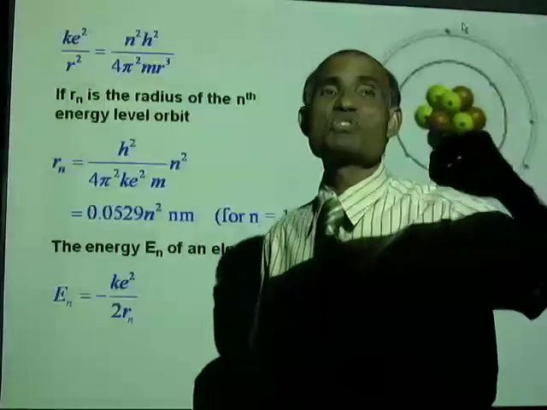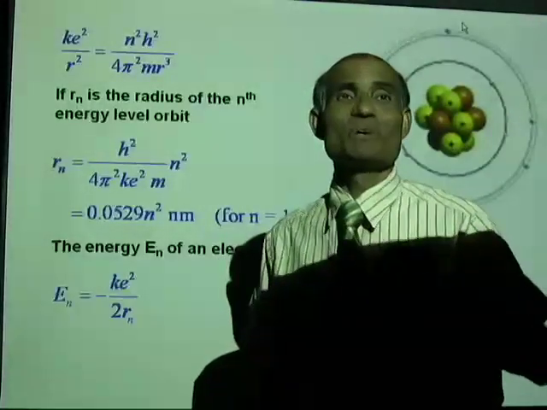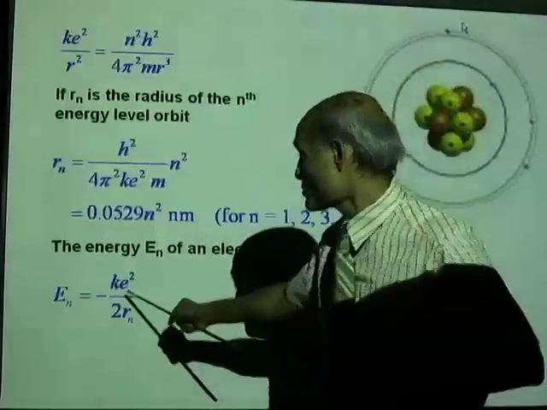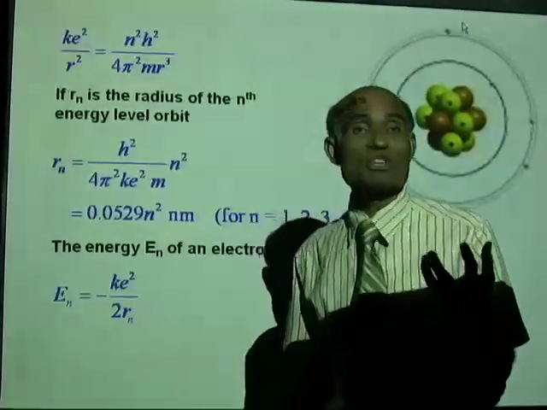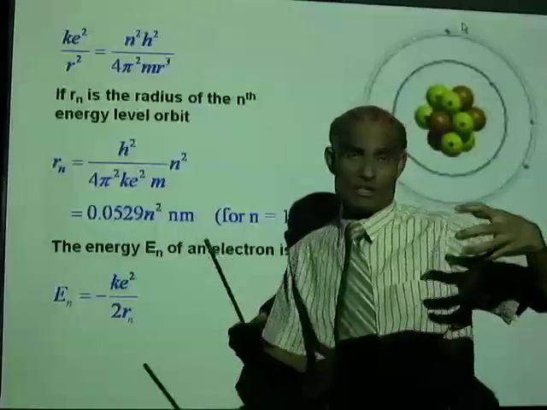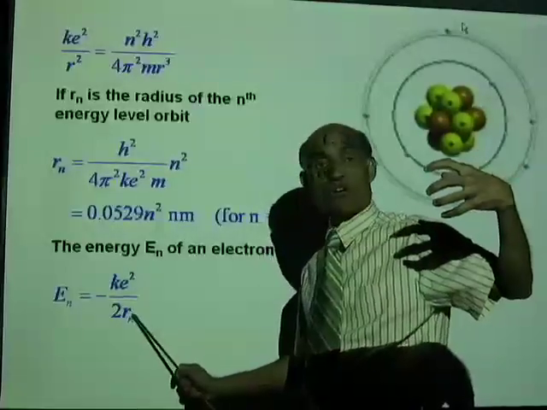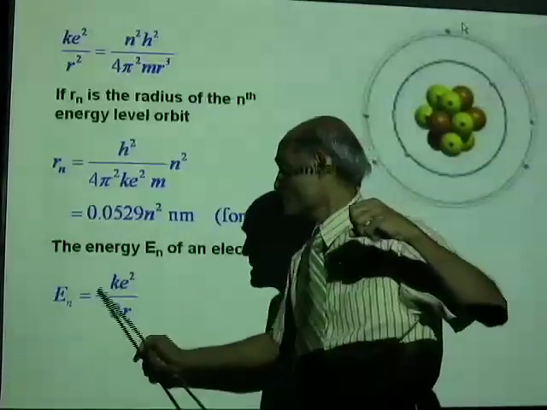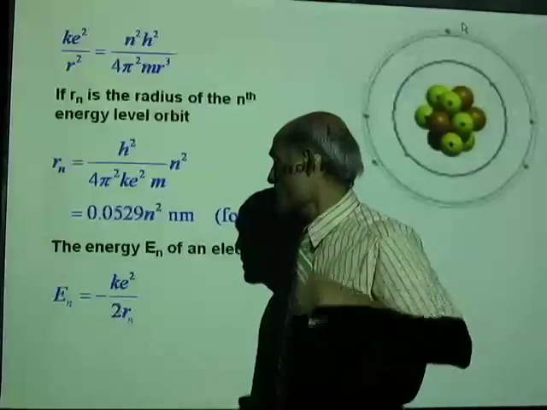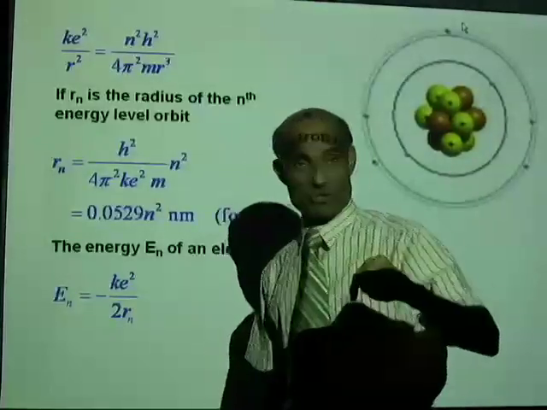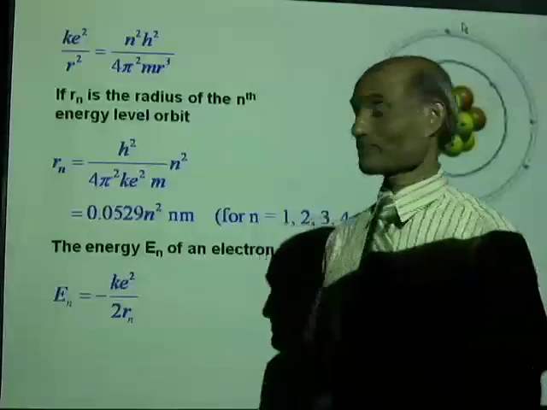Negative G m1 m2 divided by r, and this is the same thing. The potential energy of an electron separated at distance Rn from the nucleus is negative k e squared over 2Rn. This is something we already did earlier.